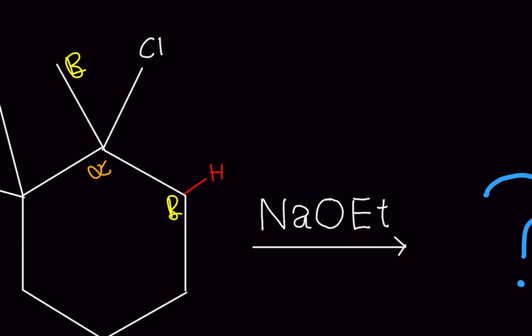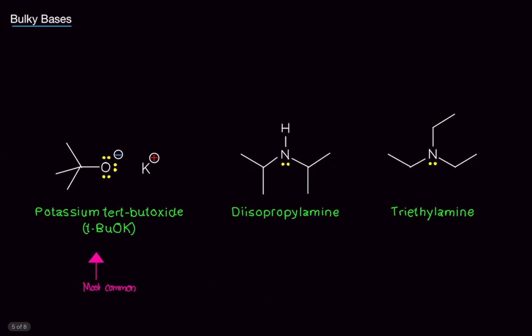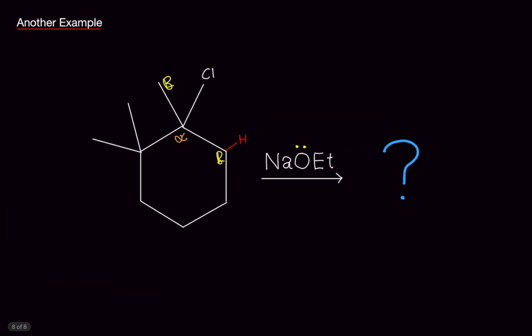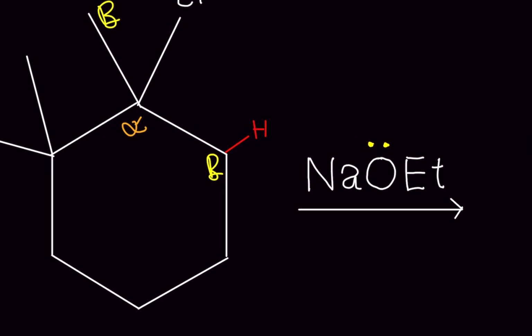Almost always, the oxygen is going to have the electrons, unless it's the nitrogens with the bulky bases. Remember this? Then the nitrogens have the electrons. But in this circumstance, the oxygen has the electrons. Remember, sodium never does anything. So what's going to happen is the electrons are going to attack this and steal the hydrogen.